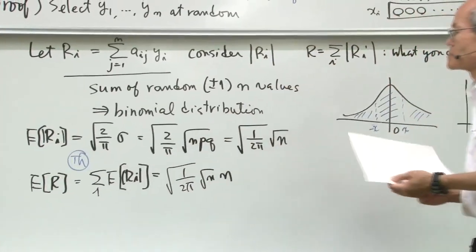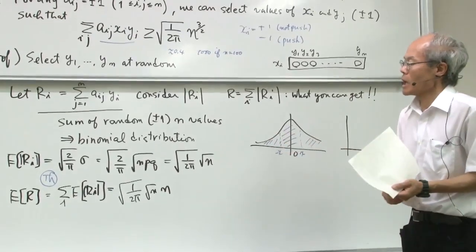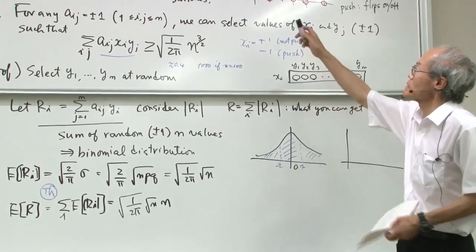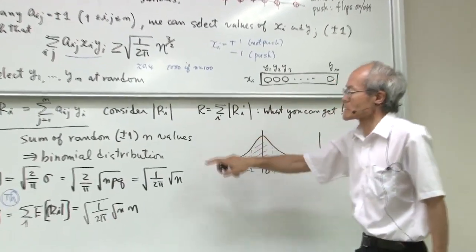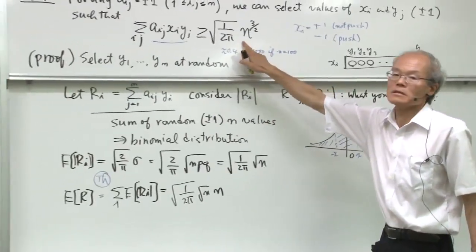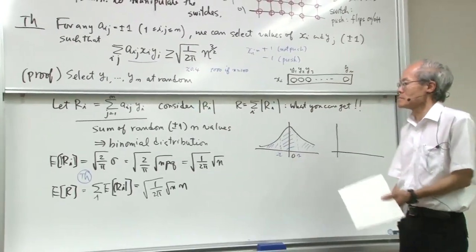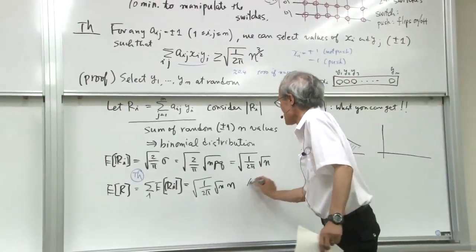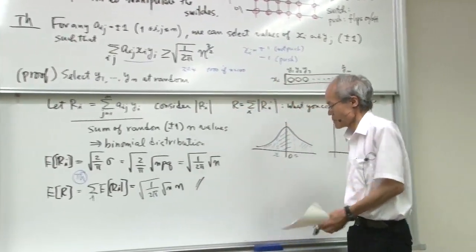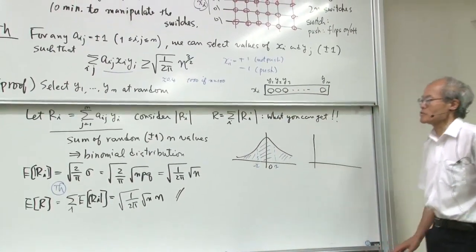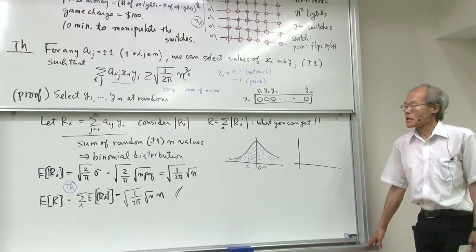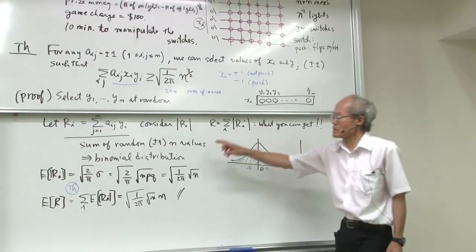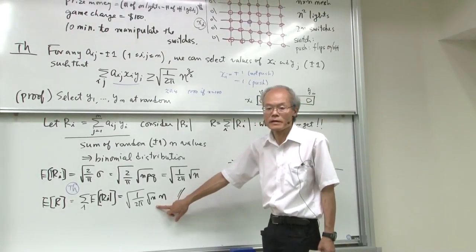So the expected value of this random variable R is exactly this value. Okay, so we are done, because the expected value of this R is exactly this value.